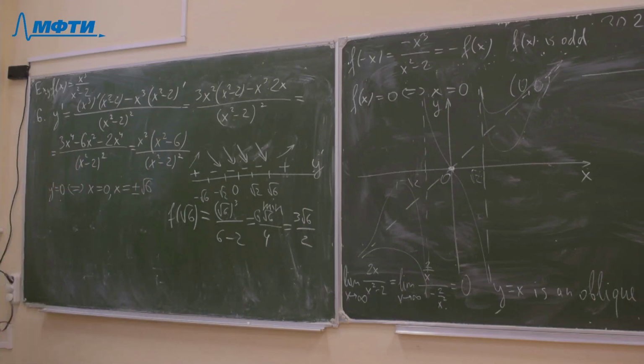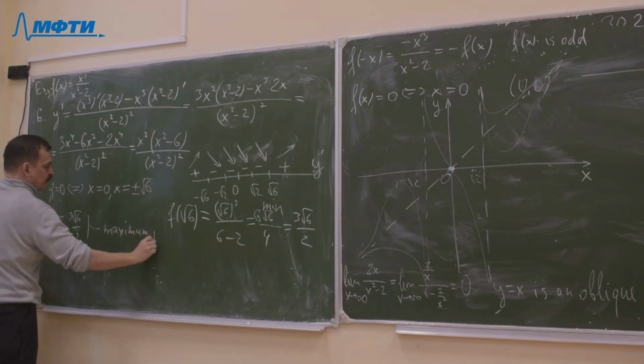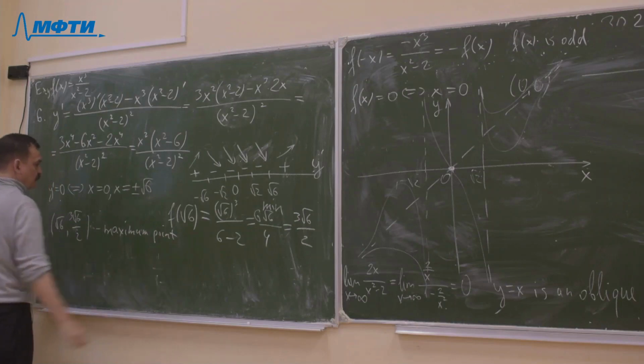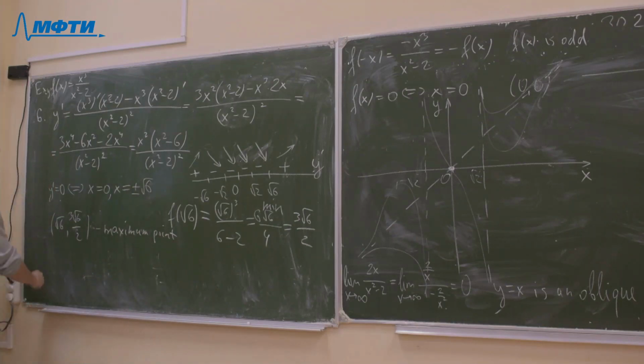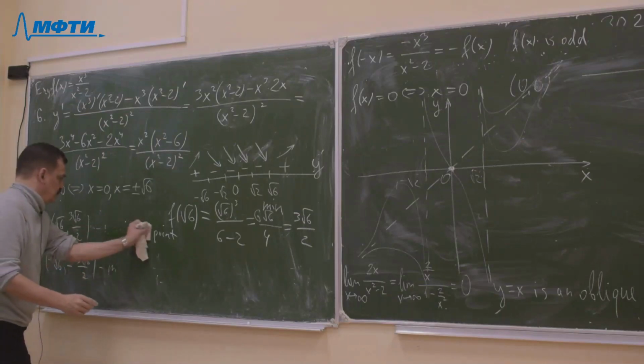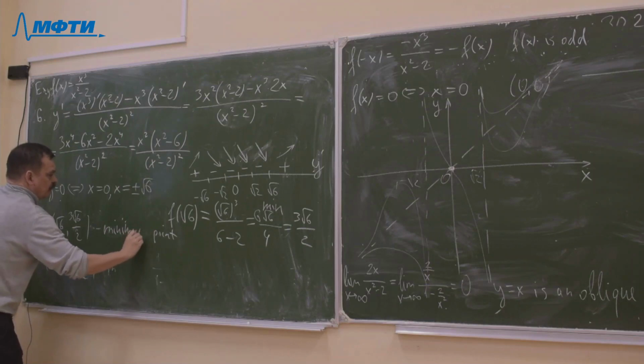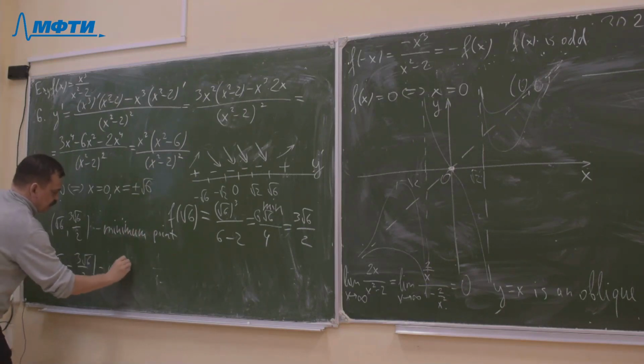So we have the point square root of 6, 3 square root of 6 over 2, a maximum point, and symmetrically minus square root of 6, minus 3 square root of 6 over 2, sorry, a minimum point here, and here a maximum point.